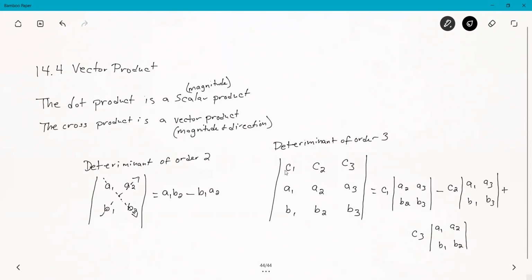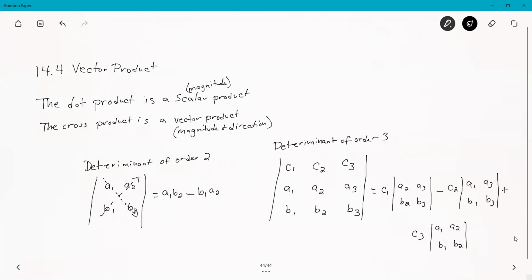So if I'm using this column here, c sub 1, I'm going to multiply by the determinant of these 4. If I'm looking at this column, c sub 2, I'm going to multiply by the determinant of these 2 columns. And then c sub 3, I'm going to multiply by the determinant of those columns.